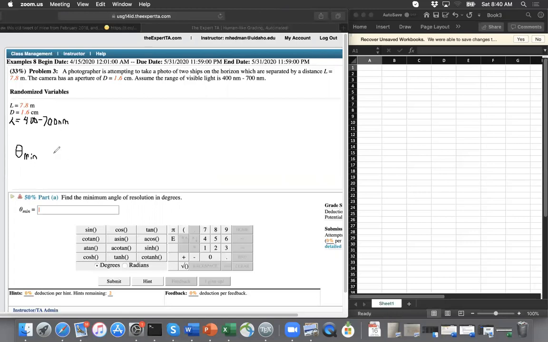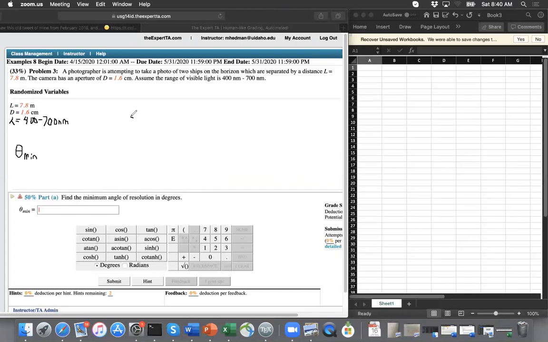Again, we've written down what we know and what we're looking for. We need a relationship between those things, and writing that down helps clarify things. What is the minimum angle of resolution in degrees?